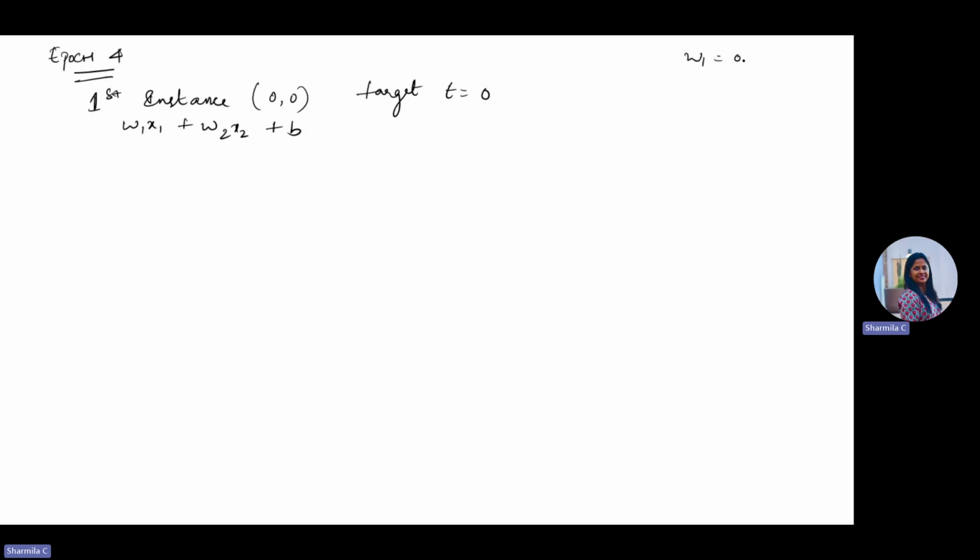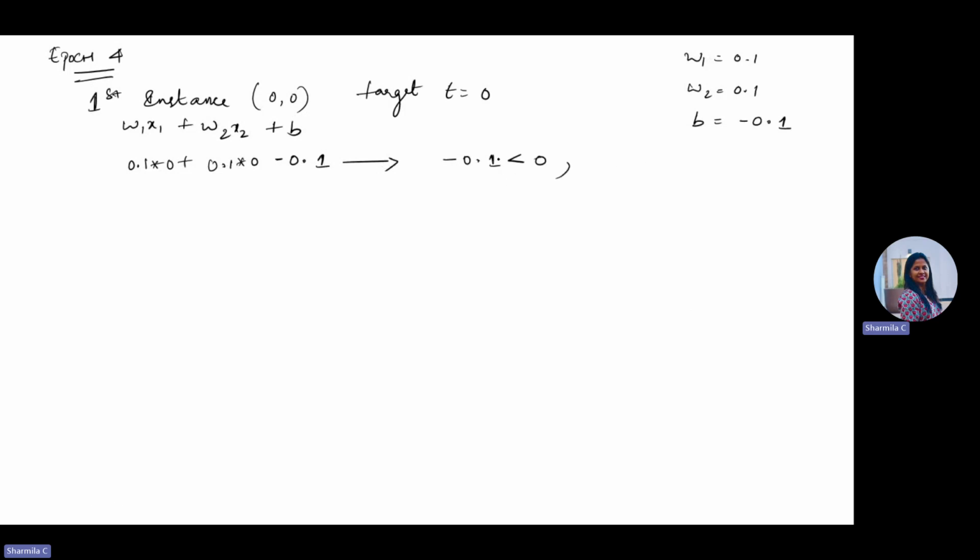That is W1 equals 0.1, W2 equals 0.1, and bias equals minus 0.1. So substitute the values in this. It is 0.1 into 0 plus 0.1 into 0, bias is minus 0.1. When you give this to the activation function, minus 0.1 is less than 0.